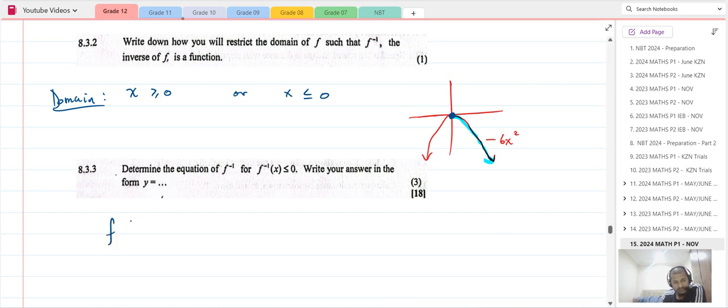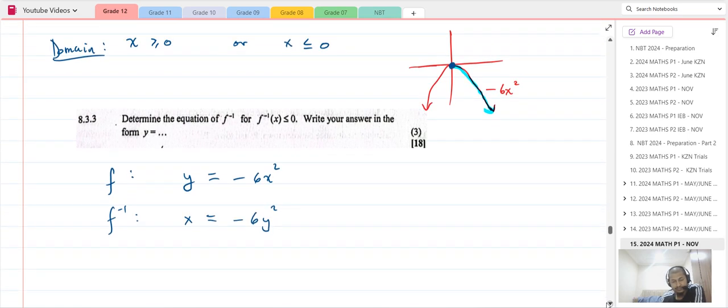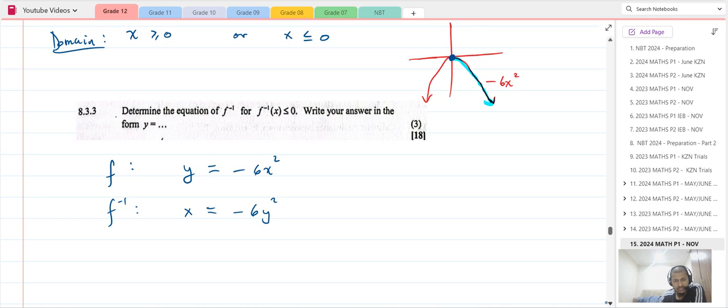F is a function y equals negative 6x squared. So f inverse is x equals negative 6y squared. So y squared is equal to x over negative 6.